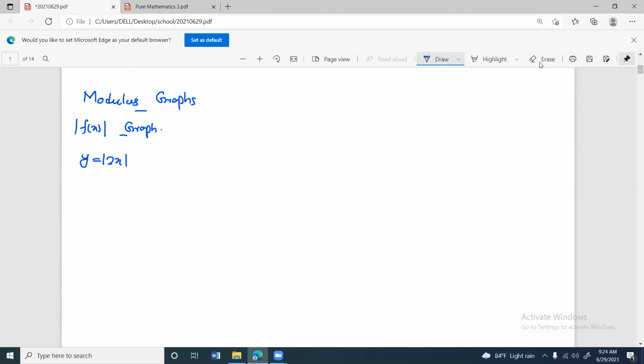Then I'll get the x values over here: minus 3, minus 2, minus 1, 0, 1, 2, and 3. Then you can get the y values.